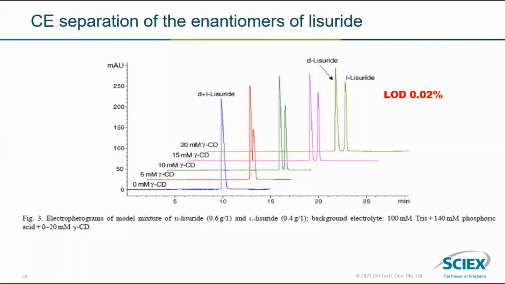In the first example, in blue, with no cyclodextrin, we were not able to separate these two chiral compounds, but when we increased to 20 millimolar cyclodextrin, we were able to achieve the separation of the D and L isomers. This way we can optimize and develop a method for any challenging peptide molecule and separate the different isomers. The LOD for this molecule was 0.02%.